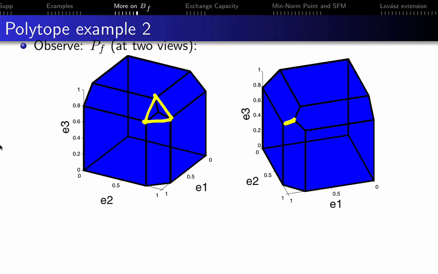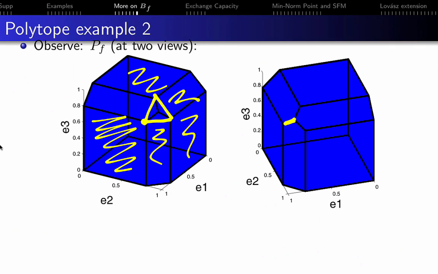Because even though there's one point of intersection between the base and this face here, that's okay. It's intersecting all of these guys. This guy, this guy, this guy, this guy, this guy, and this guy. Okay. So, everybody see that?